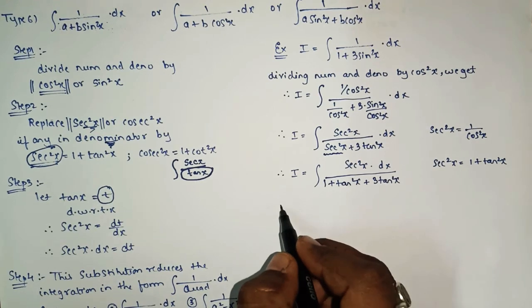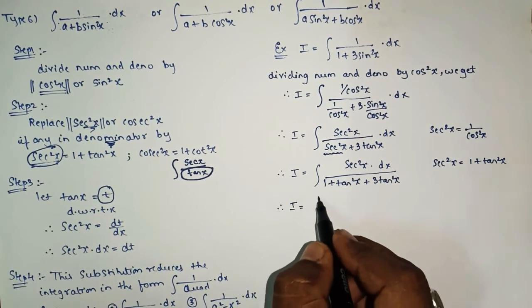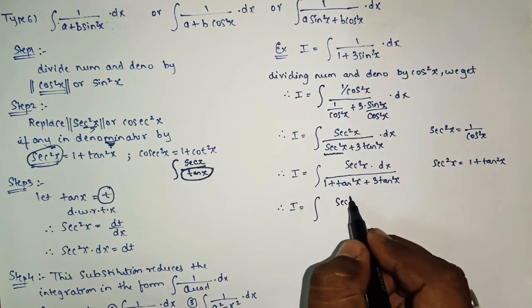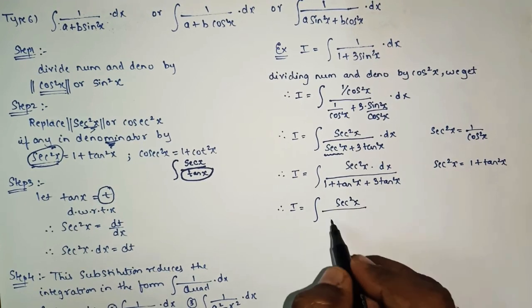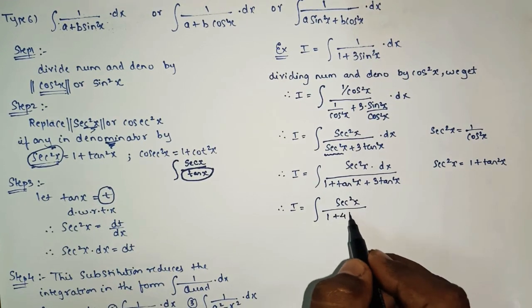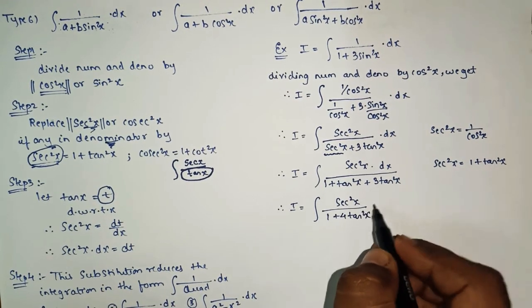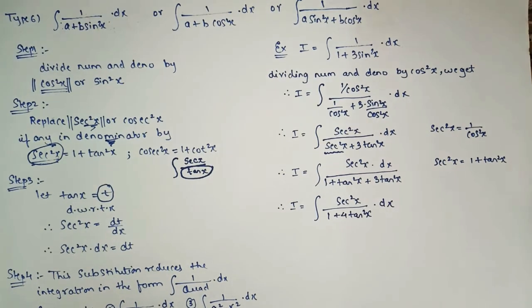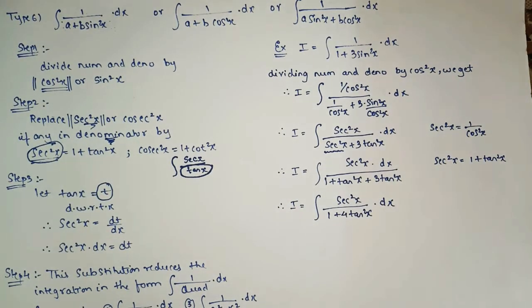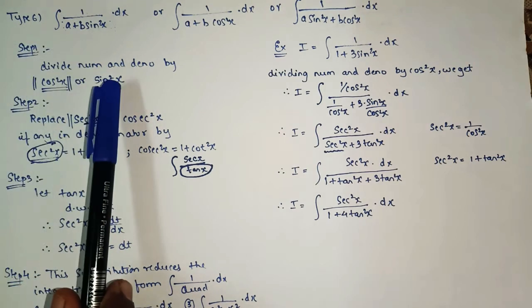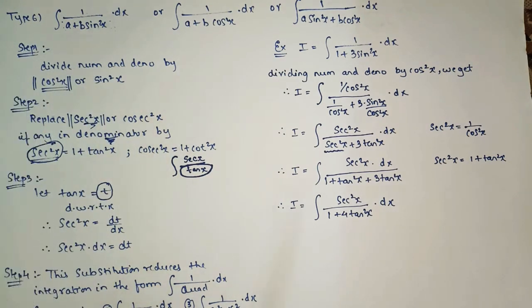Yes or no? So therefore I will be equals to integral sec square x upon 1 plus 4 tan square x into dx. I hope you all understood step number 1 and step number 2. So what is step number 1? We have to divide the numerator and denominator by cos square or sine square, but we'll stick with cos square only.